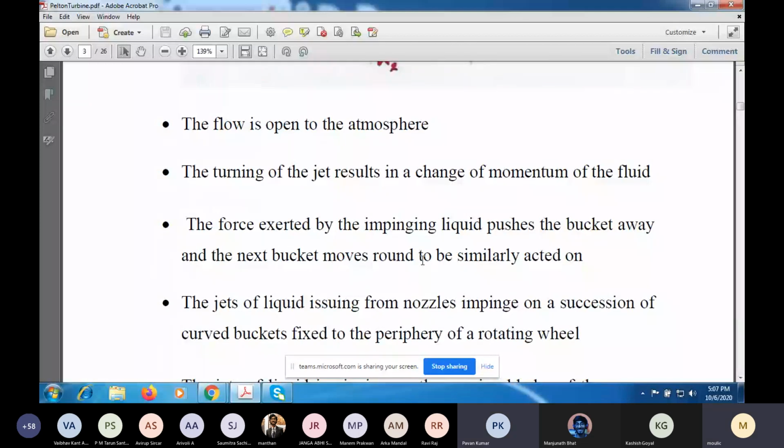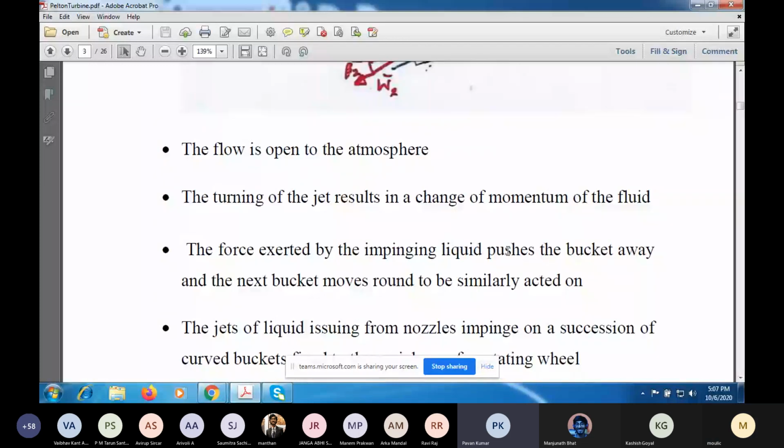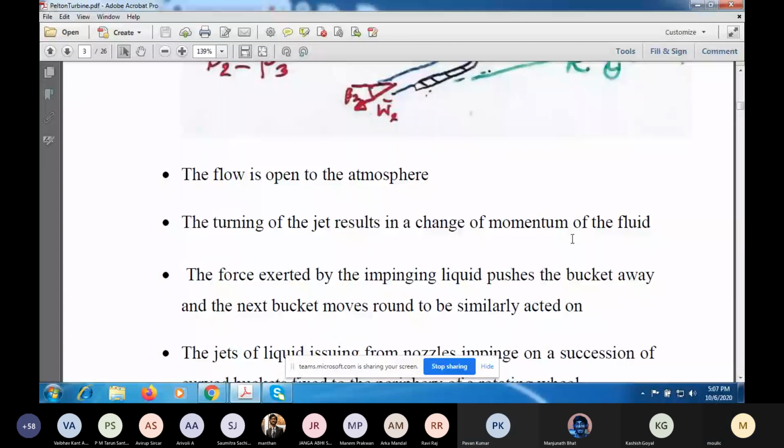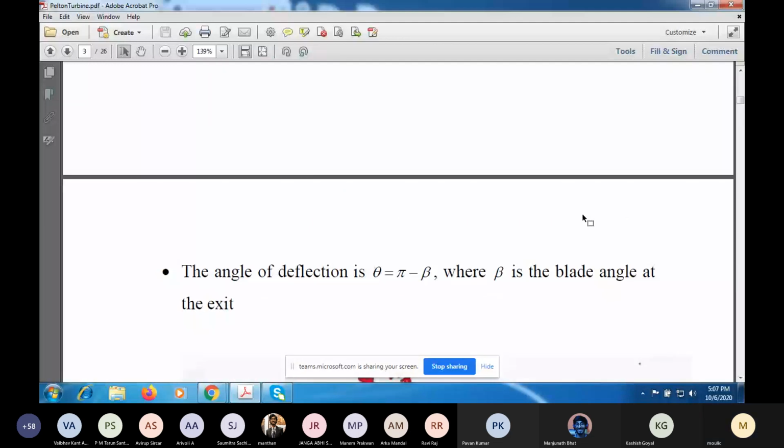Sir, so beta 2 plus theta 2 equals 180. Do they add up to 180 degrees? You mean this theta should be 180? No, theta plus beta will be 180, right? Okay. So I've written here the angle of deflection is equal to pi minus beta.